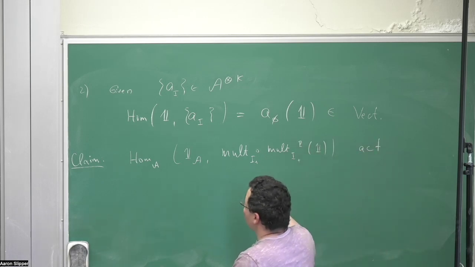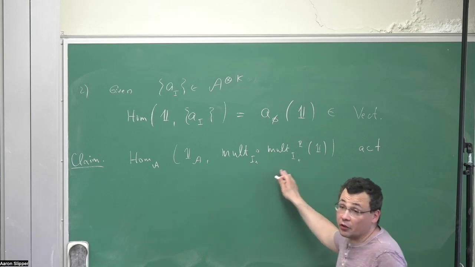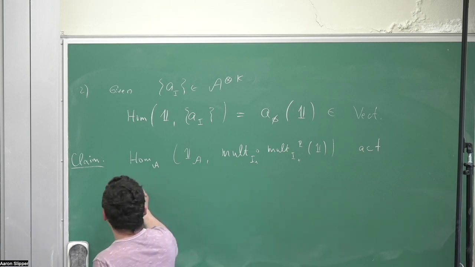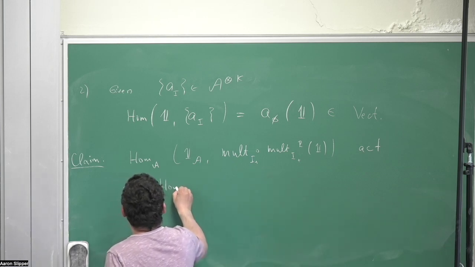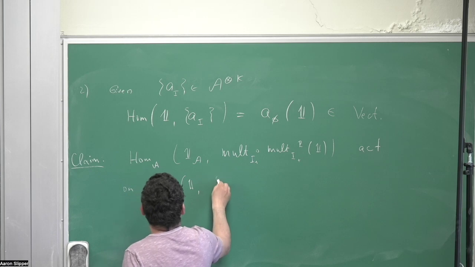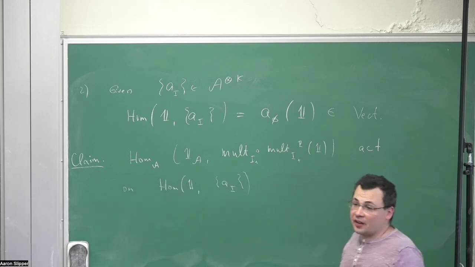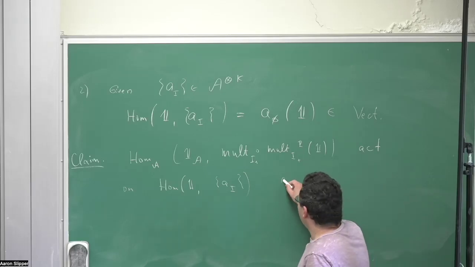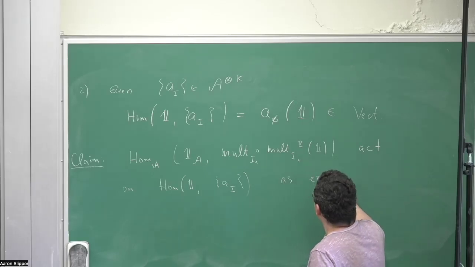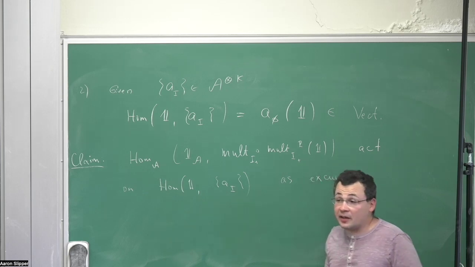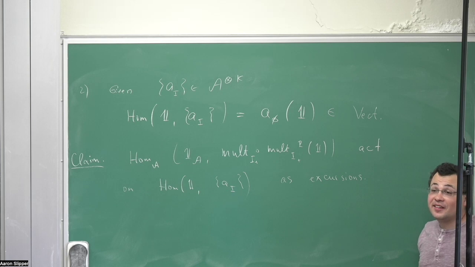There's an algebra, even though it's not written as such. This acts on this guy via the excursions. You'll allow me, I'm not going to write down the formula for what this is. I think this appeared in some talk.